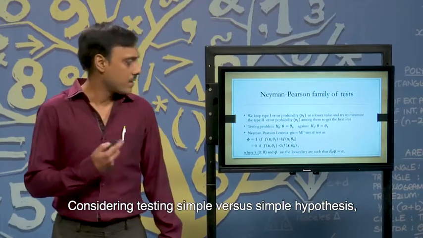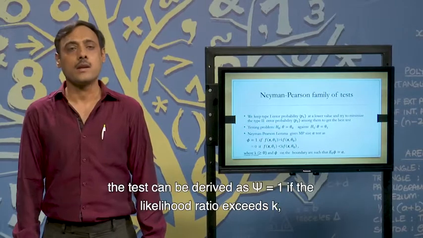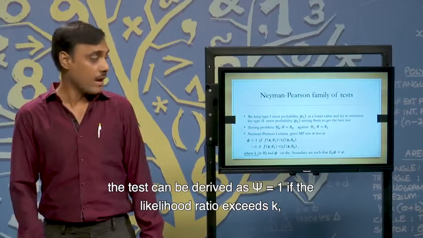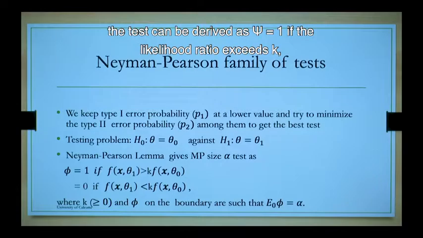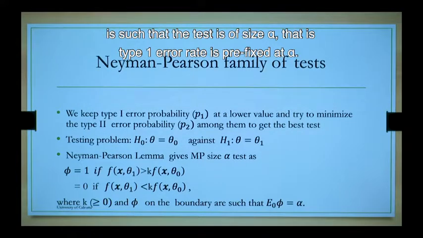Considering simple versus simple hypotheses, the test can be derived as phi equal to 1 if the likelihood ratio exceeds k, and it is 0 if the likelihood ratio is less than k, and the test on the boundary is such that the test is of size alpha, that is the type 1 error rate is prefixed at alpha.